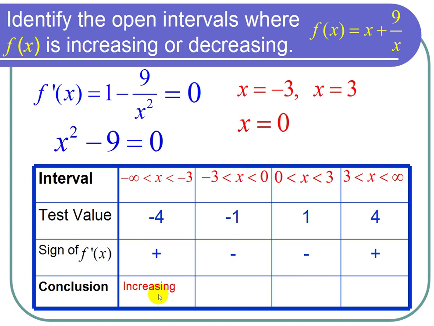It's also negative between 0 and 3, so the function is decreasing between 0 and 3. And the sign of f prime is positive between 3 and infinity, so f is increasing between 3 and infinity. And I'm done with the problem.